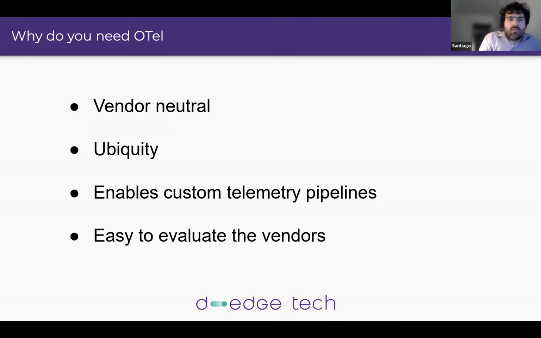You can also have some custom pipelining for observability. For example, you need to send the telemetry data to, for example, New Relic, or to an on-premise Zipkin just for analyzing that data.